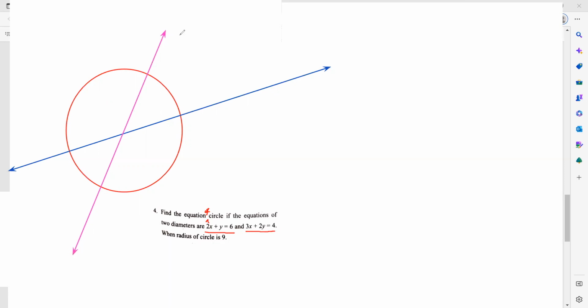The two diameters will intersect each other at the point of intersection. You know, students, both the diameters are straight lines. Diameters are always straight lines. So they give us the equation of these two diameters. 2x plus y equal to 6 is the equation of this diameter.